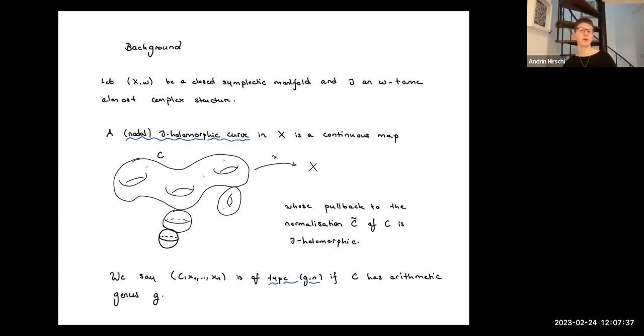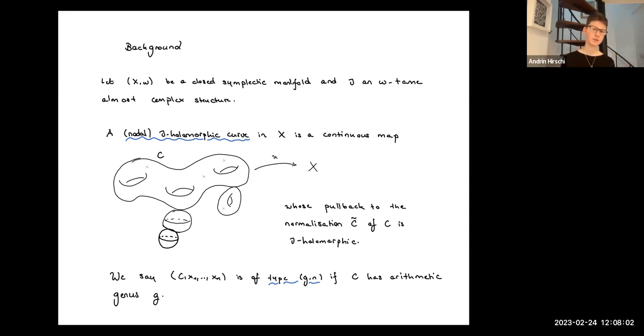A nodal J-holomorphic curve in X is a continuous map from a domain C like this to X. And C you obtain just by gluing: you have a collection of closed Riemann surfaces, and you just glue them together at double points. So you get these nodal points here. So you have some singularities, but they live in codimension 2 and are quite nice.